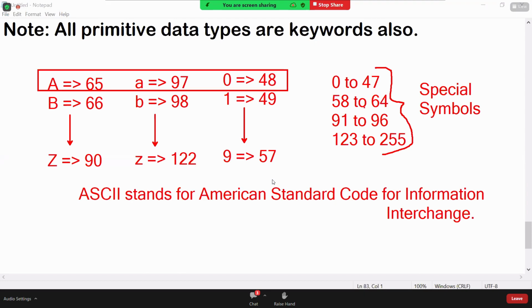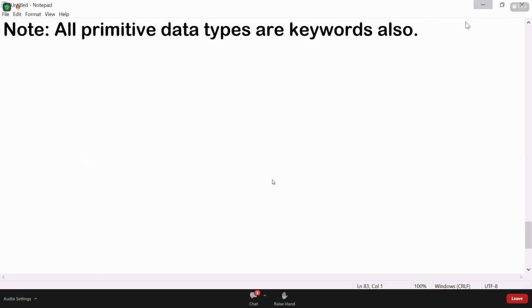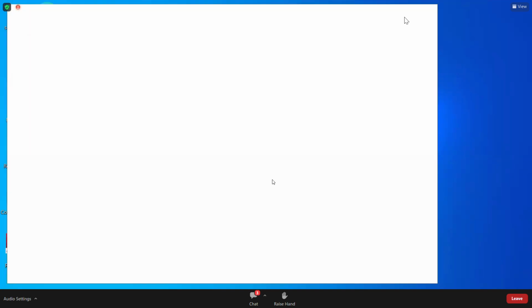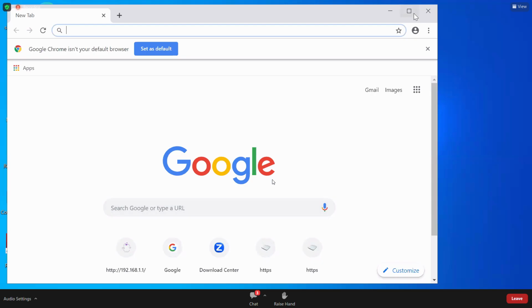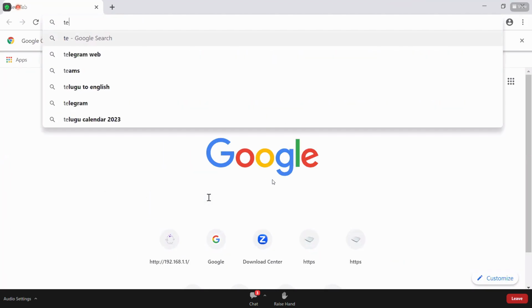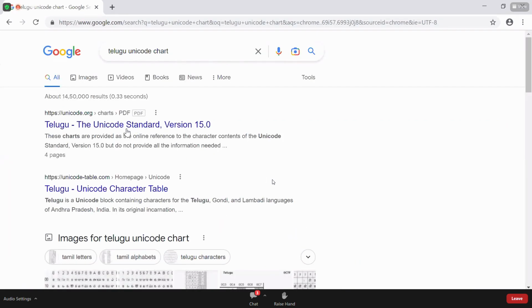Just observe. Suppose in Google you type Telugu Unicode chart. Then almost the first link comes. You observe the Telugu chart.